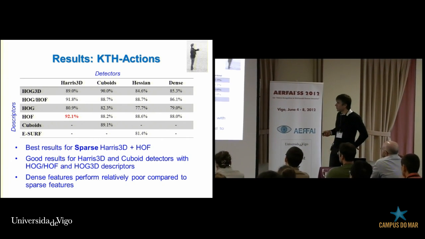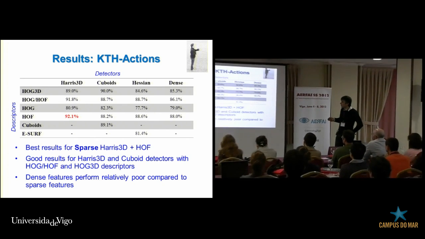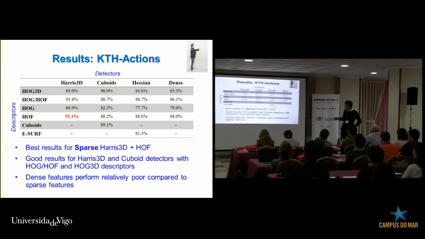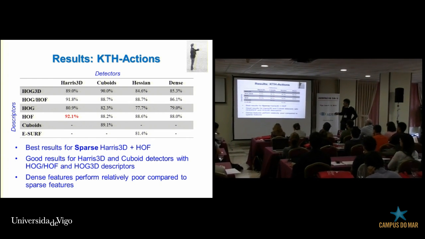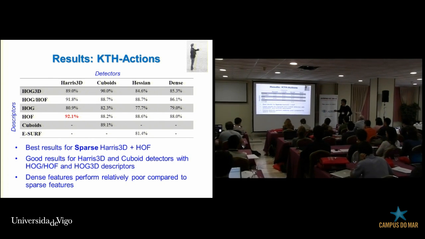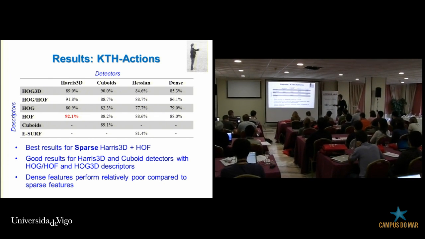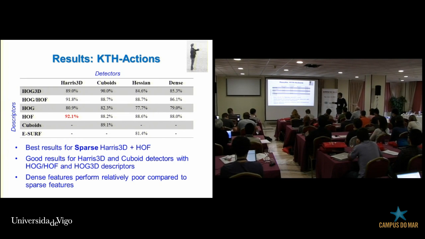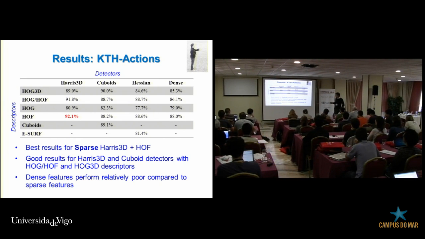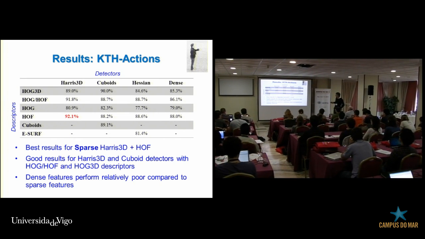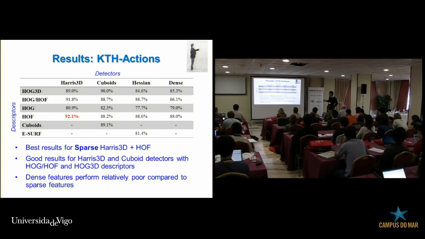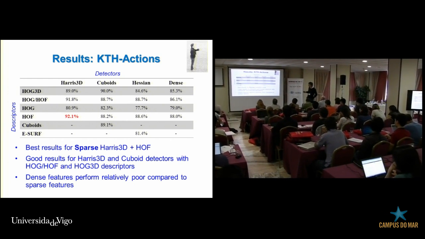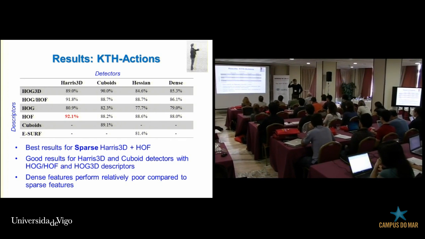And regarding the different descriptors, HOG has no motion, so using motion was definitely important. Otherwise, HOG 3D was slightly worse than optical flow histograms. In terms of detectors, Harris 3D was better here, but the differences were not so drastic, maybe a few %.